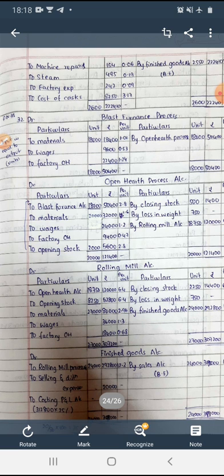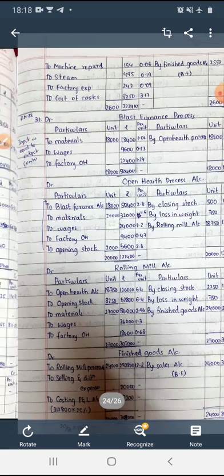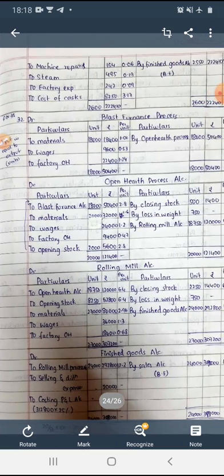There is no wastage given, so you have to think input is equal to output units. 18,000 input, 18,400 materials, wages as it is, factory overhead as it is. There are no other changes under the first process, so transfer to the open earth process.